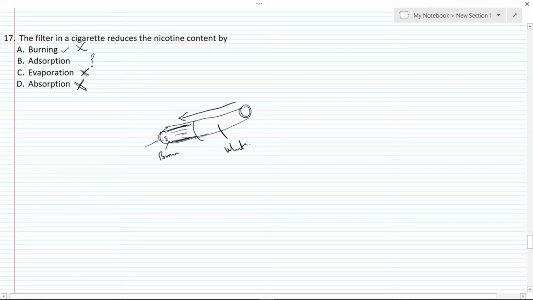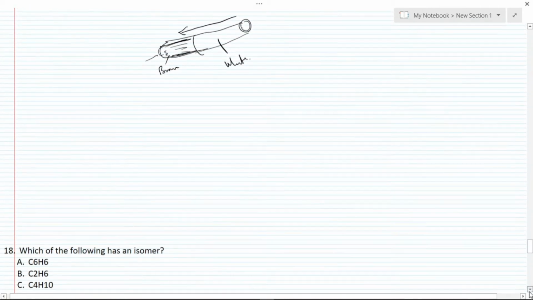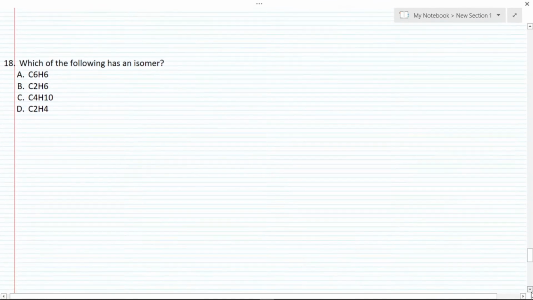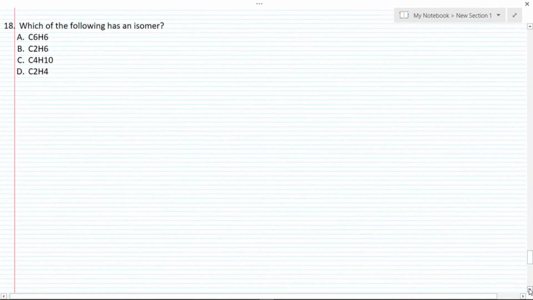So by mere elimination, it's not burning, not evaporation, not absorption. We are left with adsorption, and that's the correct option. Again, don't confuse it with absorption. Absorption deals with water. However, adsorption can be with different forms of matter.